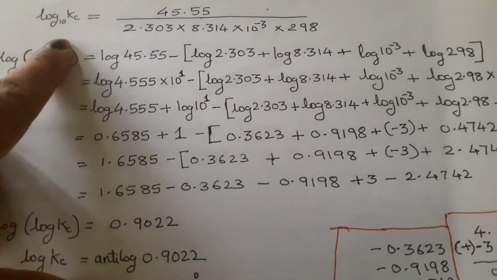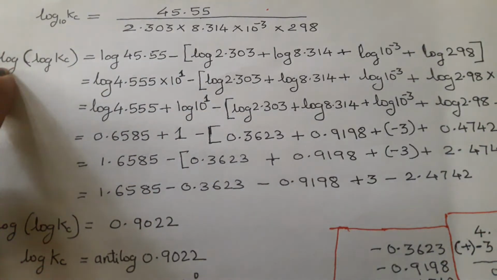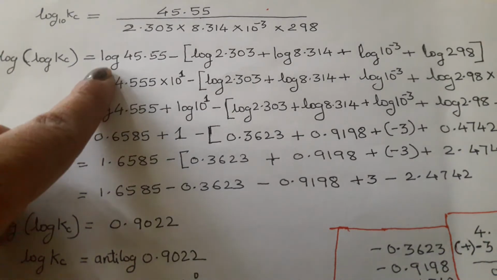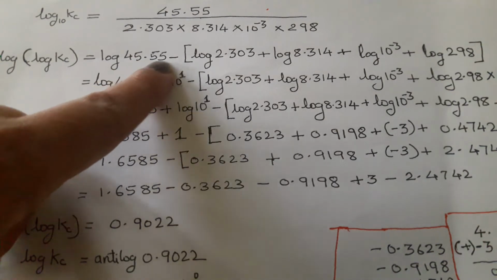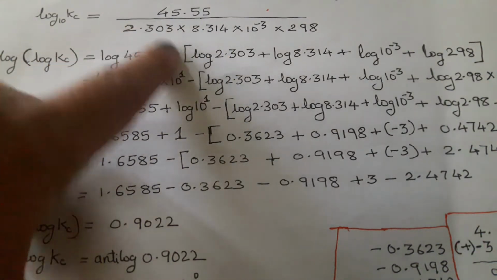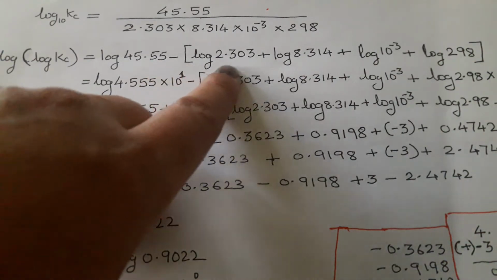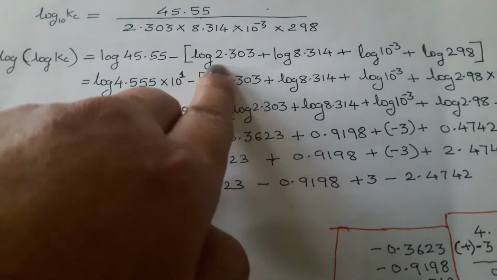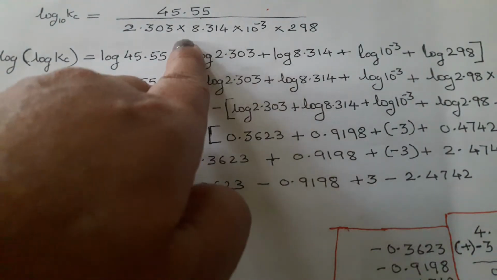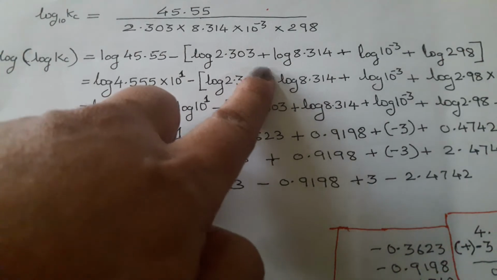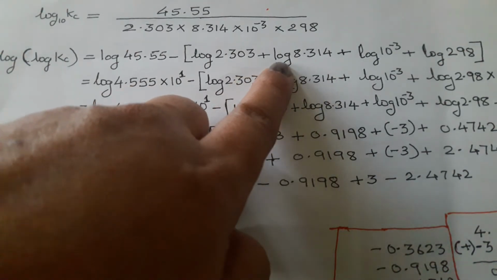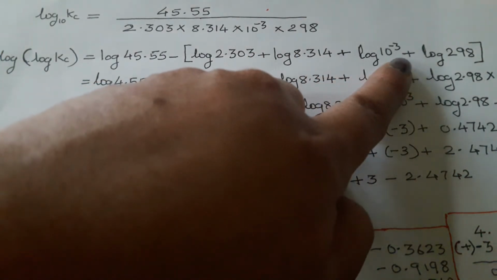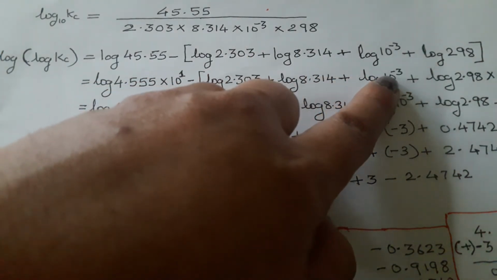We take the log for both the sides, so we write log of log Kc equal to log of 45.55, and since here it is division, we write minus, and the rest of the numbers we write in terms of log, that is log of 2.303, and since there is multiplication between these numbers, we put the sign plus and we write log of 8.314 plus log of 10 raised to minus 3 plus log of 298.